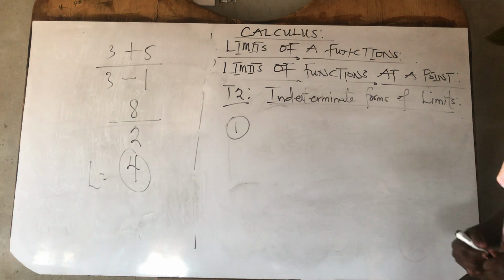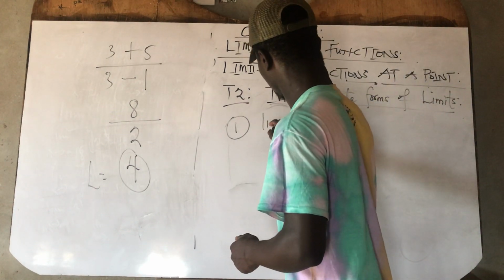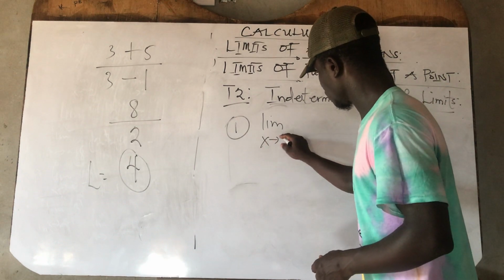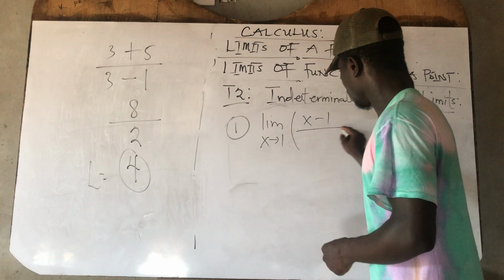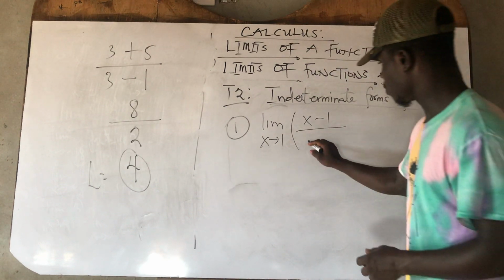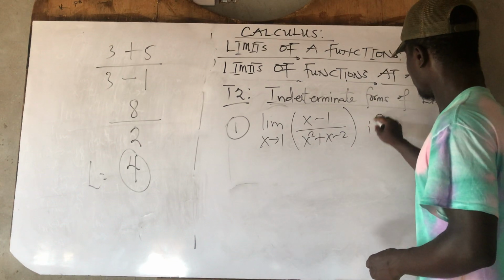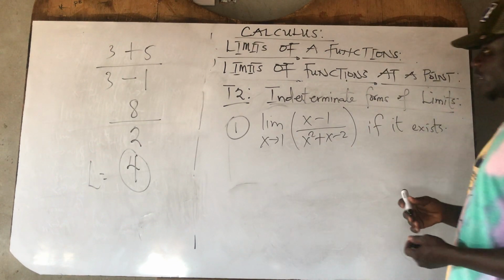Alright, so question 1 says: find the limit as x approaches 1 of x minus 1 all on x squared plus x minus 2, if it exists.